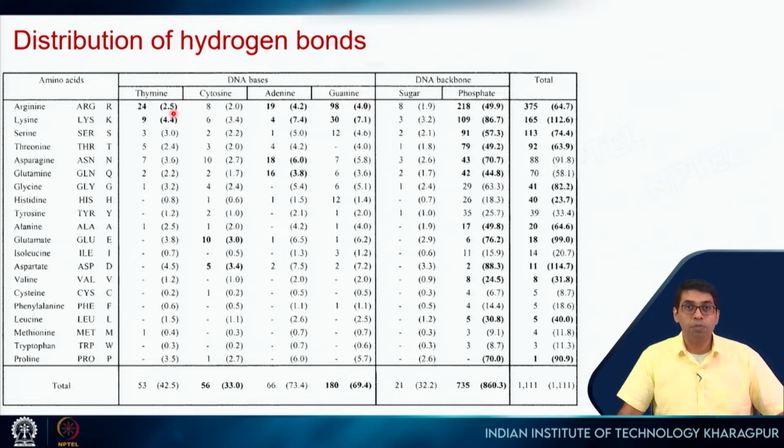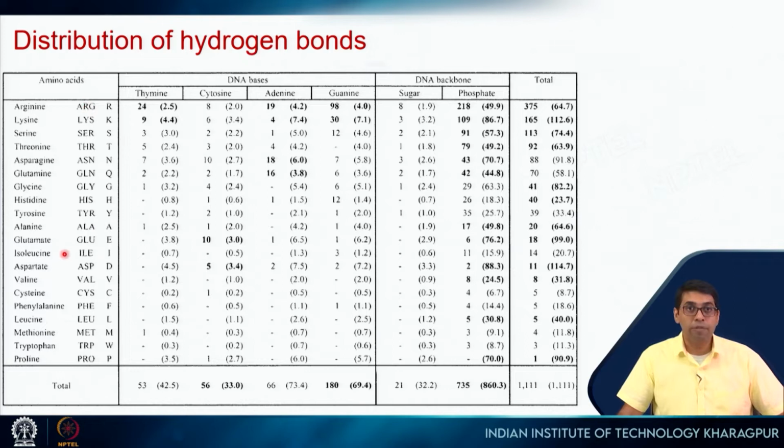Several proteins were studied here, and arginine side chains were found to interact: 24 hydrogen bonds between arginine and thymine, 8 between arginine and cytosine, 19 between arginine and adenine, and 98 between arginine and guanine. So you can see that there is an overwhelming number of hydrogen bonds between arginine and guanine. So this is most probably the most common interaction that is seen.